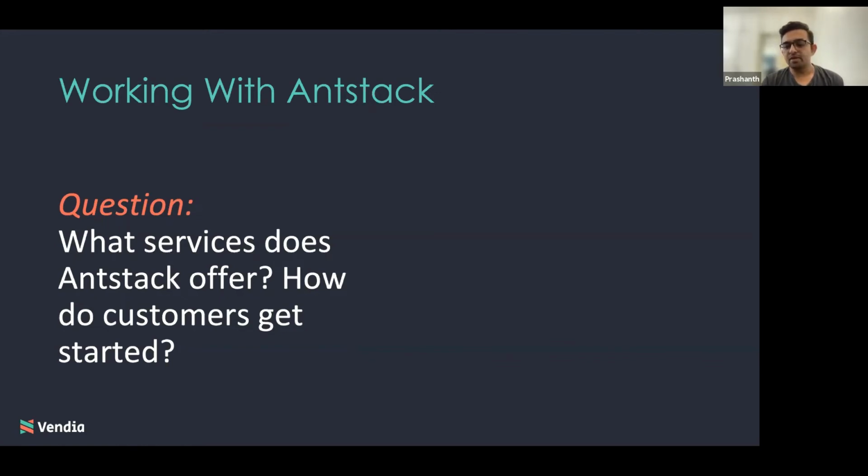At the same time, when we started Anstack, we wanted to make sure we become the single window for anybody who comes to us for all sorts of end-to-end product development. So we actually have a very good design team. If you have seen our website, you would know what kind of design team we have, right? So we go all the way from UX design till deployment. We can do UX and UI development using React, Next.js, Vue.js, Svelte, and so on.